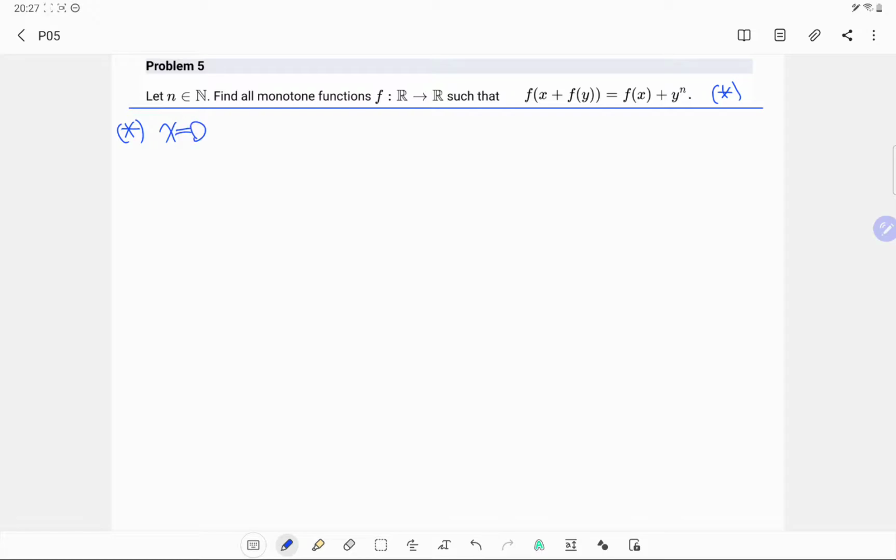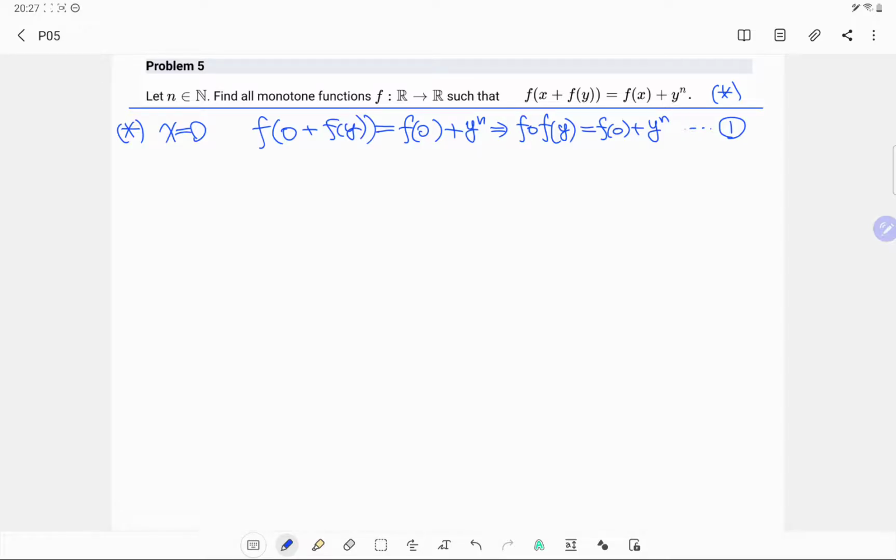So we will have f(0) + f(y) equals f(0 + y to the nth power), which means that f(y) equals f(0) plus y to the nth power. Let me denote this as equation 1.